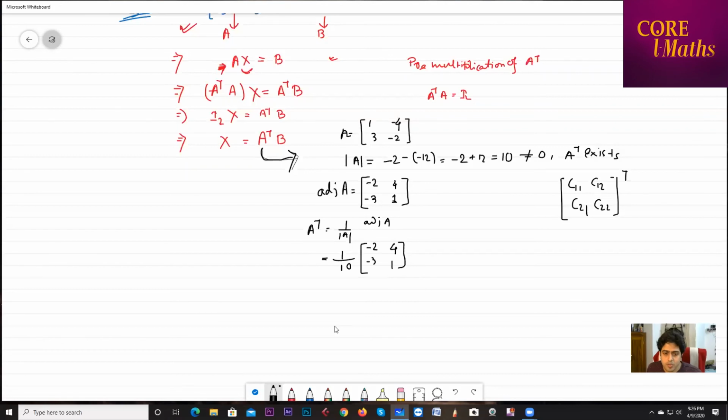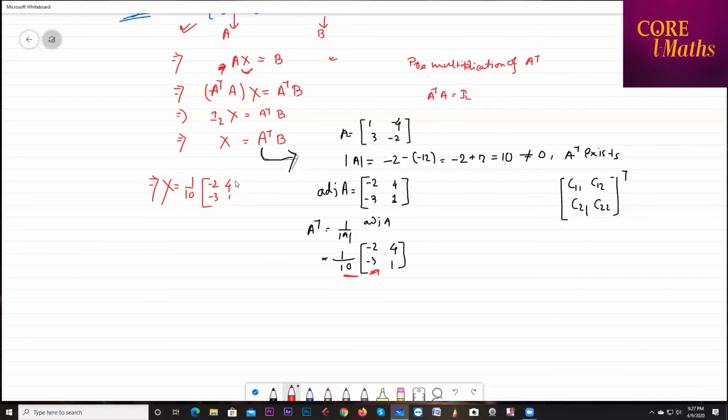Please don't multiply that number over there. Don't apply the scalar multiplication here. Why? Here, our target is to find the value of X. So 1 by 10 into minus 2, 4, minus 3, 1 into, write the B.